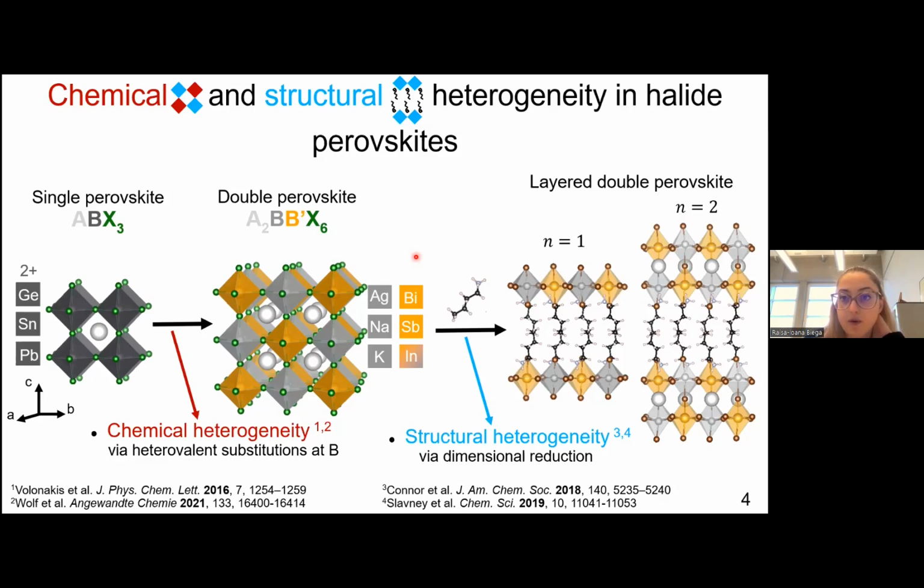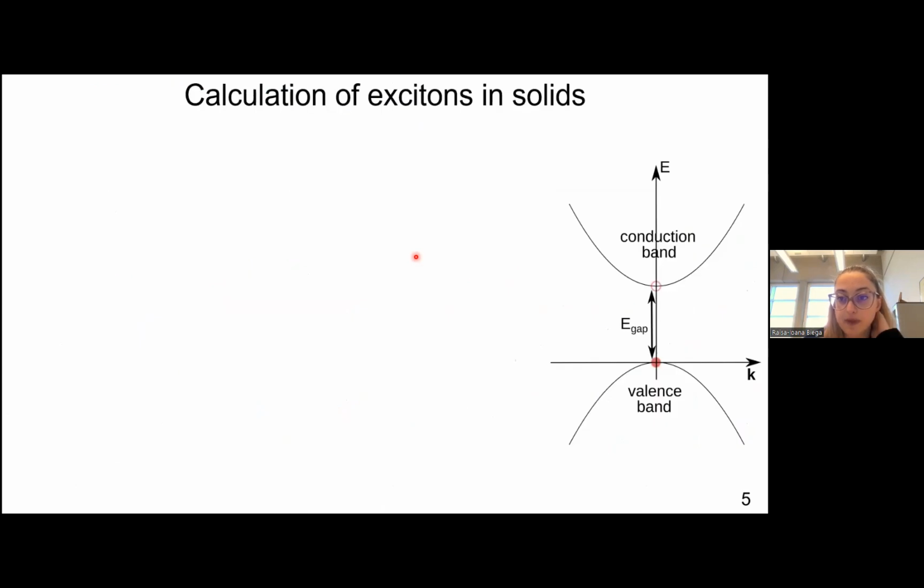But yeah, talking about excitonic properties, we first have to know what an exciton really is. And for this, I always use this very simplified scheme to explain what we think of when we say exciton.